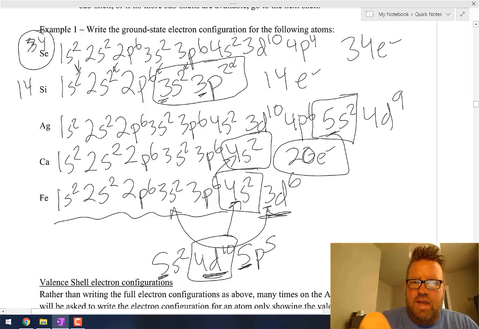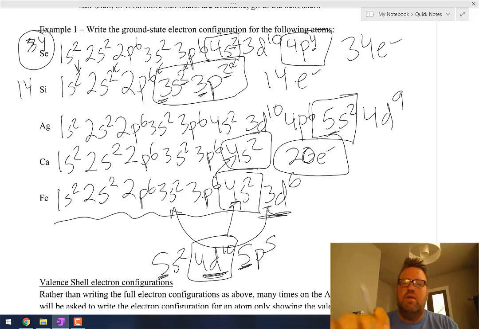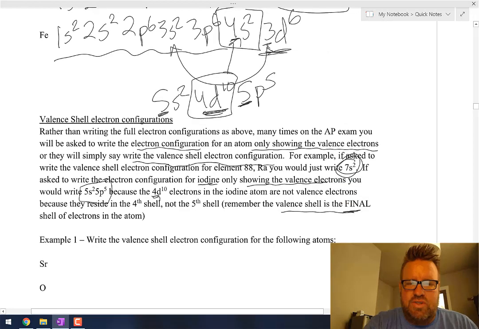Okay, with selenium, again, it's these electrons here and these electrons here. You would say that selenium has 2 + 4, 6 valence electrons. Silicon has 2 + 2, 4 valence electrons. So whichever electrons are in the very last shell, it might be just the s subshell, it might be the s and the p subshell, okay, but whatever's in the very last one, those are the valence electrons.